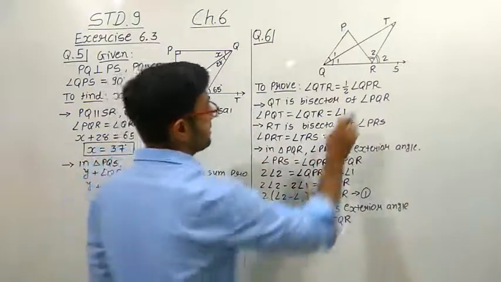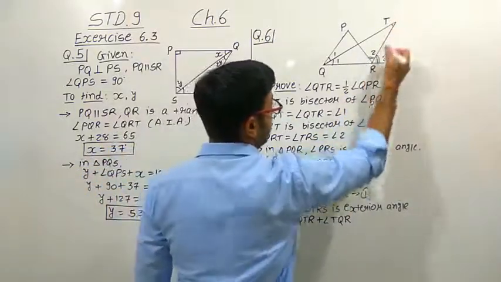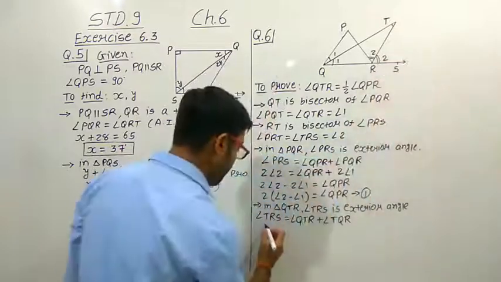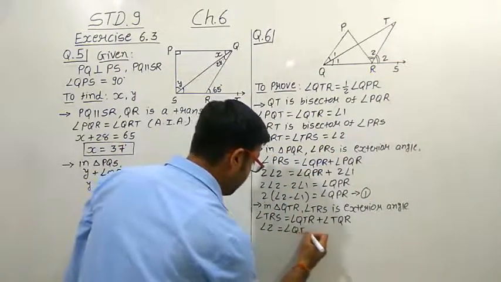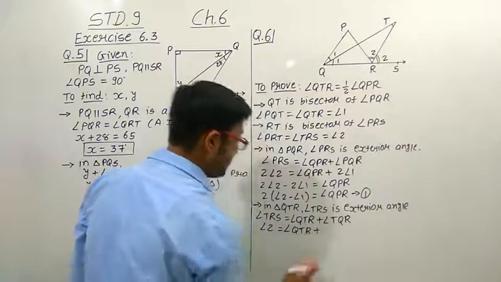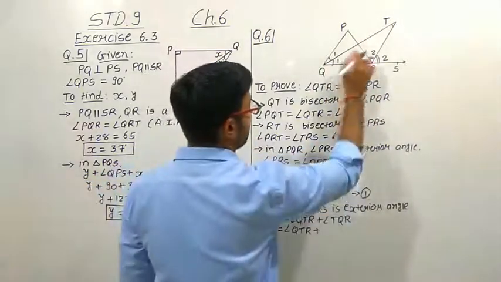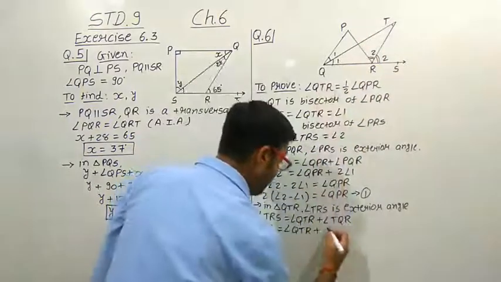Now what is TRS? This angle is angle number 2. QTR we have to take as it is, and TQR is angle number 1.